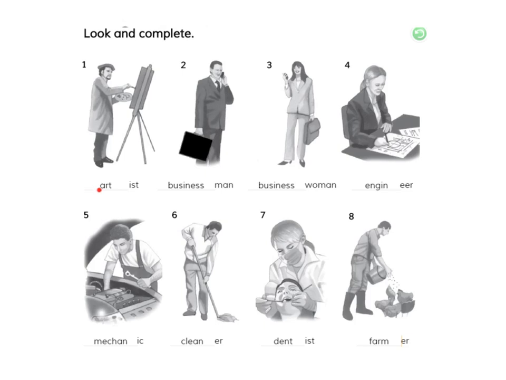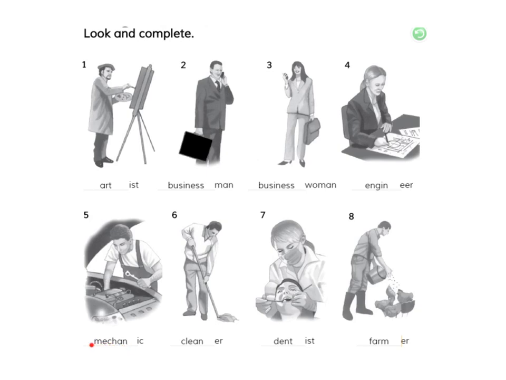Number 1, A-R-T for making artist. Number 2, B-U-S-I-N-E-S-S for making businessman. Number 3, B-U-S-I-N-E-S-S for making businesswoman. E-N-G-I-N for making engineer.